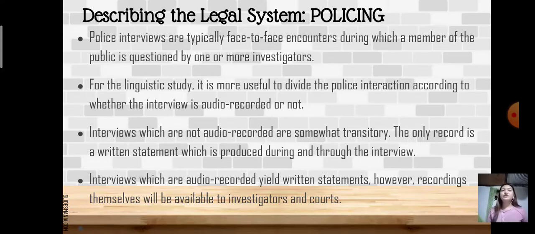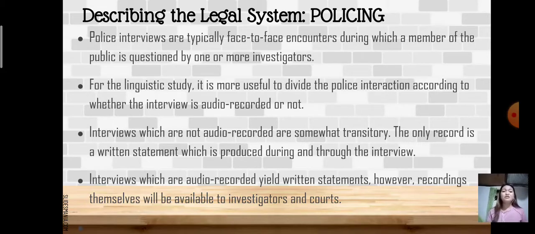The interview which is not audio recorded can somehow be transitory, given that the focus of evidence of the police will be merely on the written statement by the police interviewer, and they will just disregard the actual face-to-face interview.